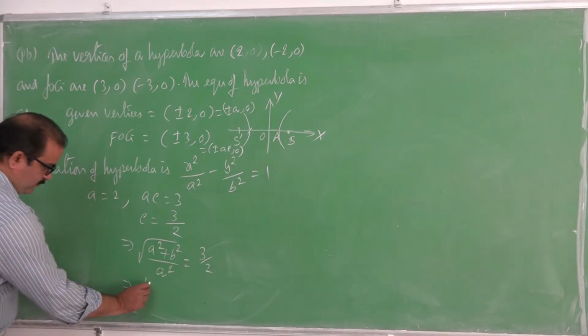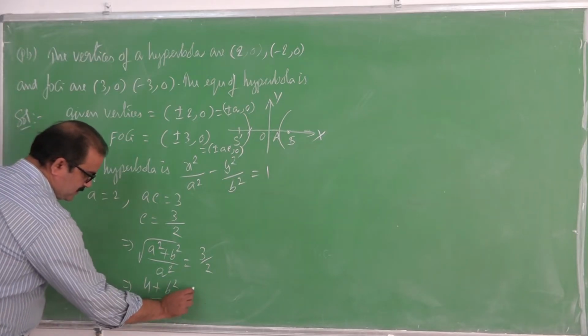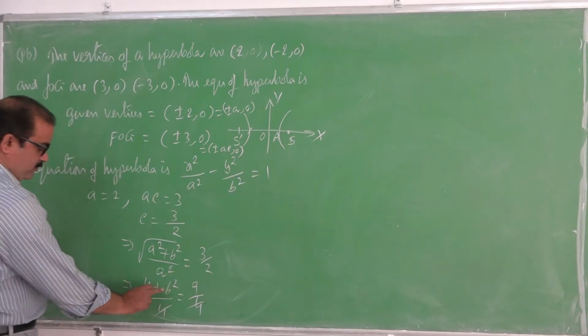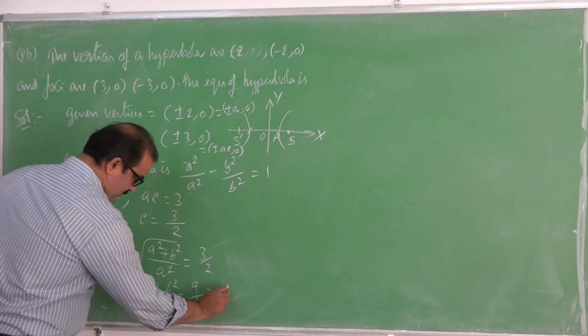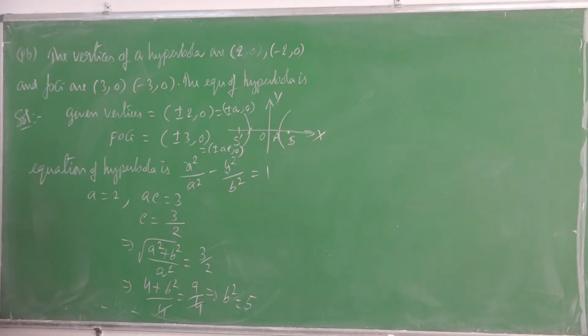A square 4 plus b square by 4 is equal to 9 by 4. 4 cancel. 4 plus b square is equal to 9. B square is equal to 9 minus 4, that is 5. Therefore, equation of hyperbola is x square by a square minus y square by b square is equal to 1.